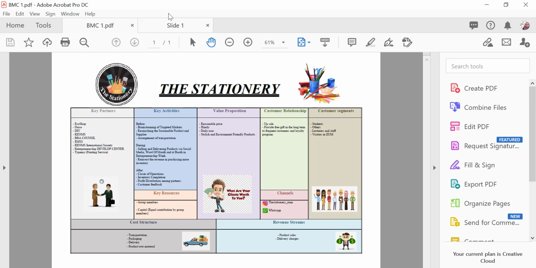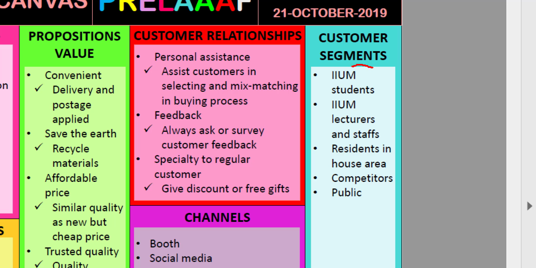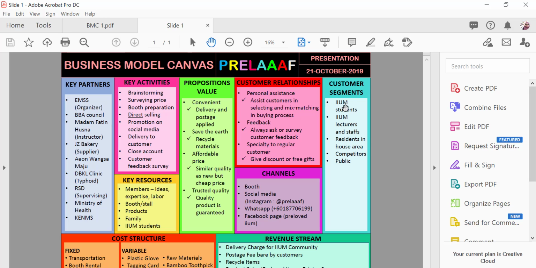Basically, I have two examples from your seniors before. For example, like this. If you do a dot point like this, number one is your main customer, and then it will go down like this. This is the main, and this is the sub customer that you have. If you want to put only one dot, one particular customer, also okay.